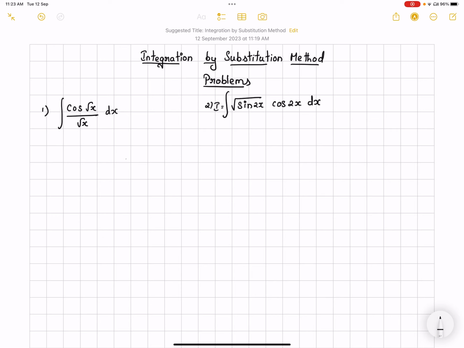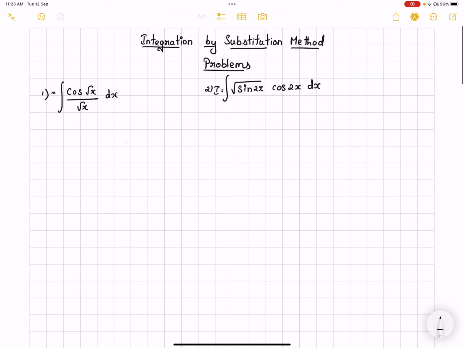Let's start. First problem: integral of cos root x by root x dx. Let's consider it as I is equal to. Now, which one do I consider as my t, the substitution? Whenever I find a composition, with cos of another function, and a square root is there, I would consider root x as my substitution.